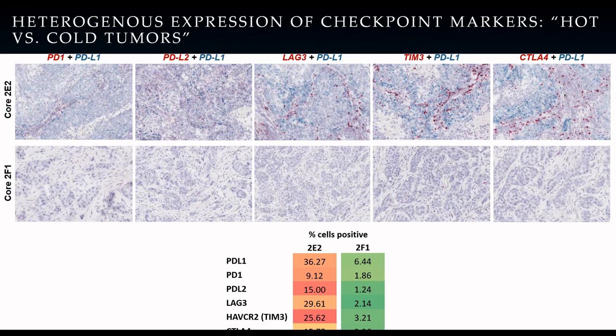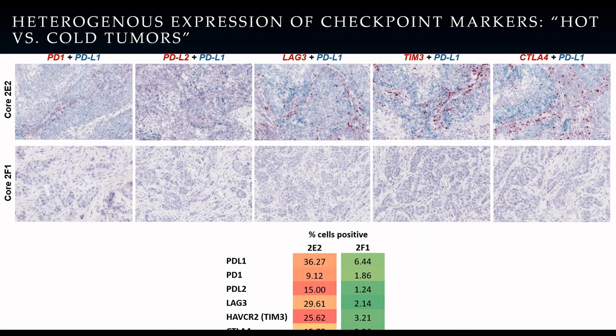In this first example, we have looked at the expression of immune checkpoint markers like PD-1, PD-L1, LAG-3, TIM-3, CTLA-4, and PD-L2. We have compared the expression of these immune checkpoint markers in 2 lung cancer tumors from a tumor TMA.